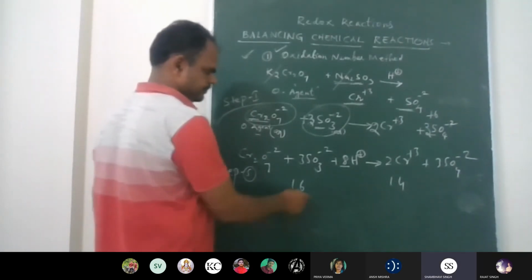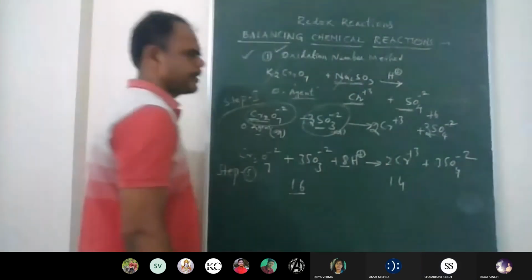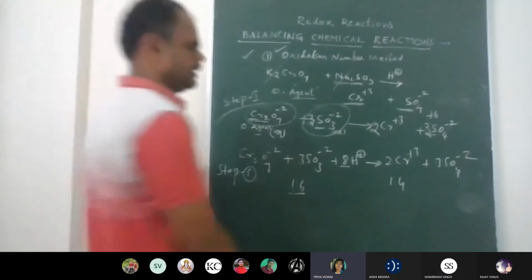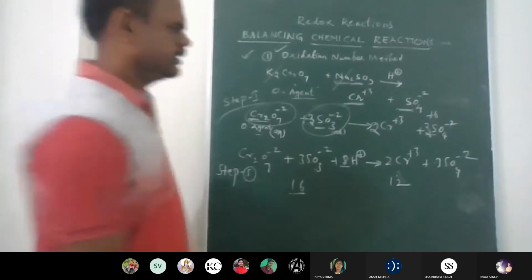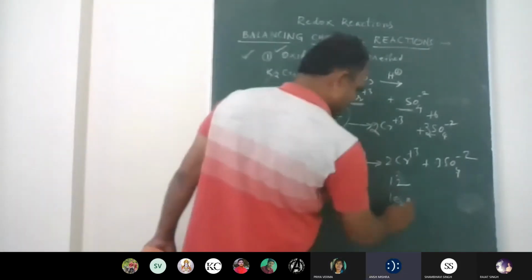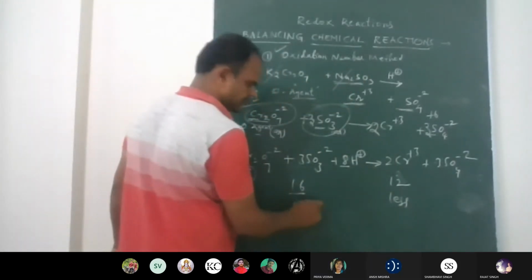The product side, how many? 3 into 4, 12, no? Yes, 12. I wrote 14. Sorry. Now, so difference how much? This side less, 4, this side more, no?